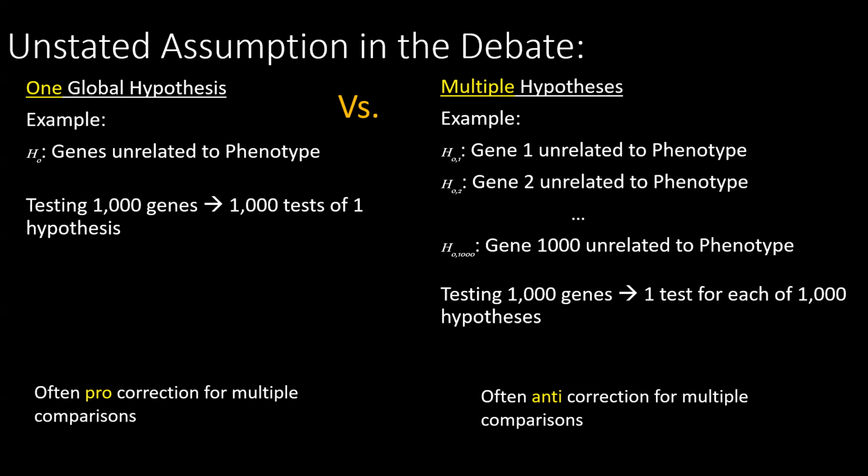But this brings us back to what Steve Goodman said as an editor in the American Journal of Epidemiology. There's concern about what the real intentions of the investigator are. Are you really interested in framing these as multiple hypotheses, or are you just trying to leverage the multiple hypotheses because the more you do, the more likely you are to find something that's, quote, statistically significant? So again, it brings us back to that human element.